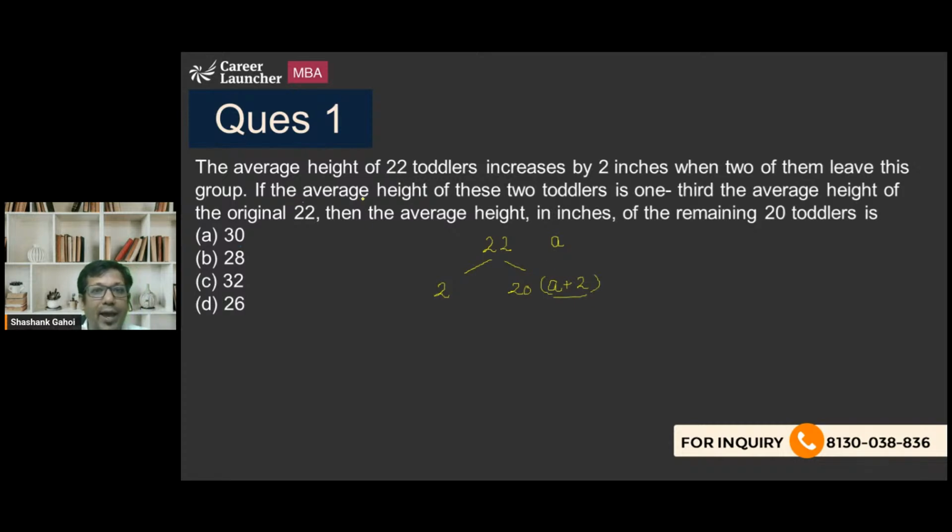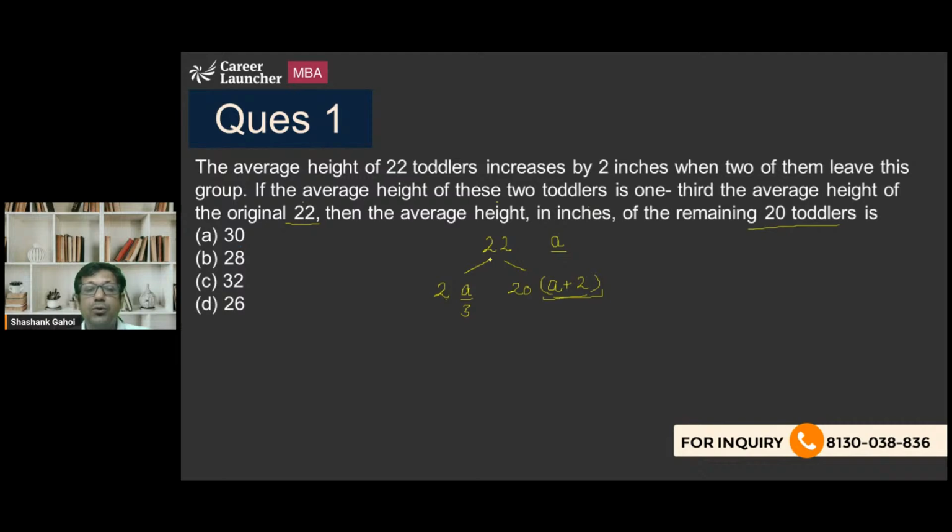The average height of these two toddlers is one third the average height of the original 22, so it is A upon 3. The question asks for the average height in inches of the remaining 20 toddlers, so basically the value of A plus 2.